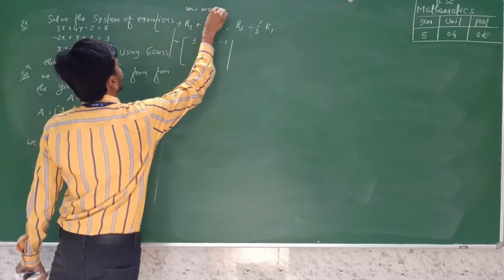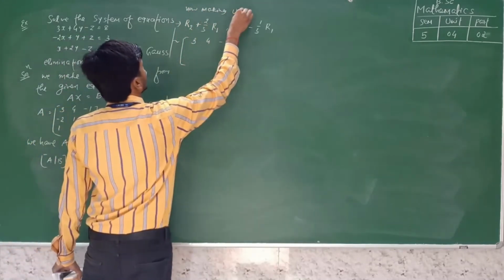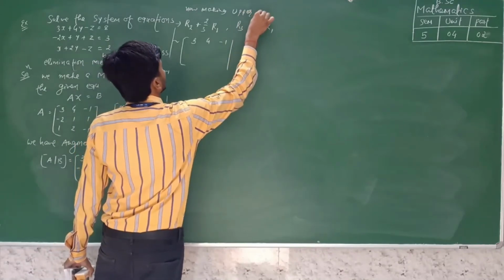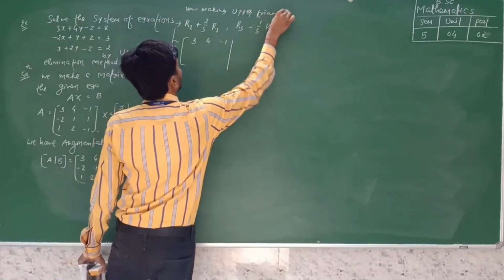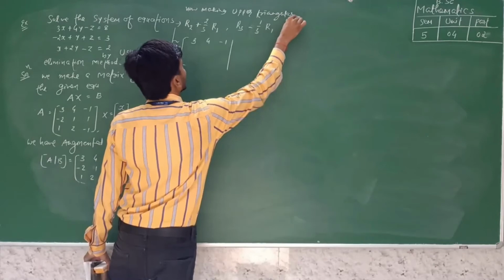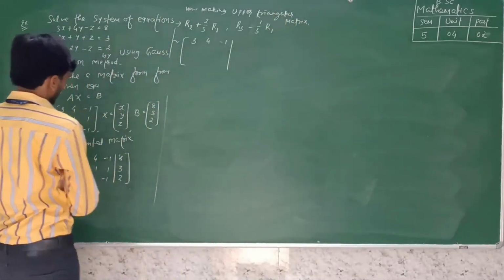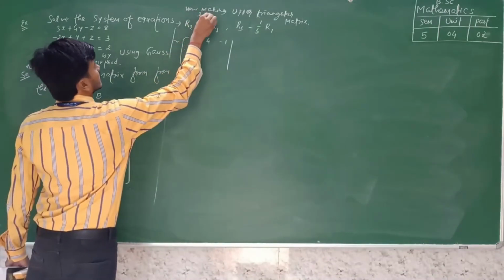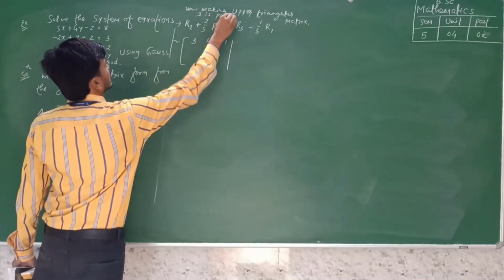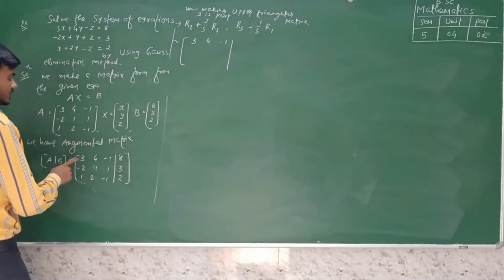Now making the upper triangular matrix. 3 is a pivot, which is not 0.